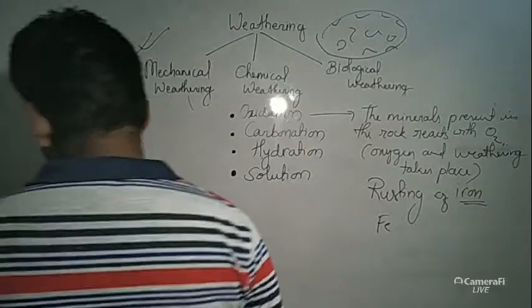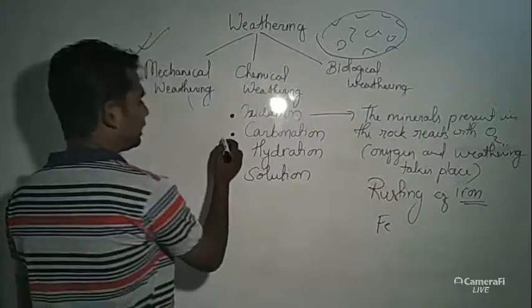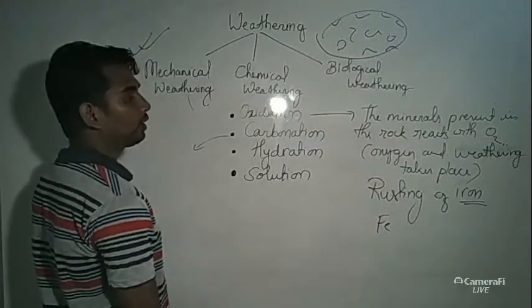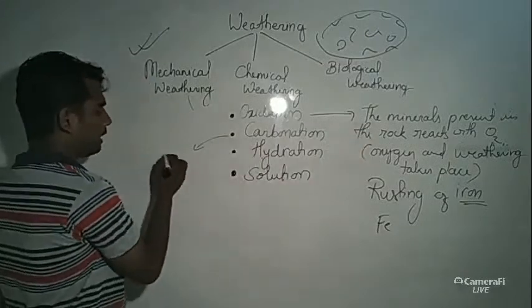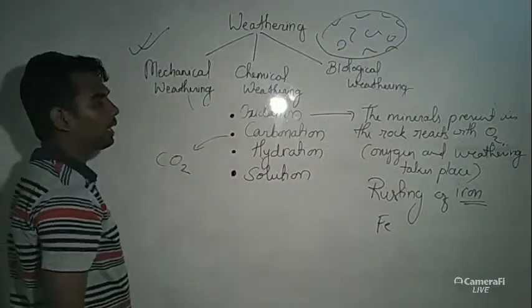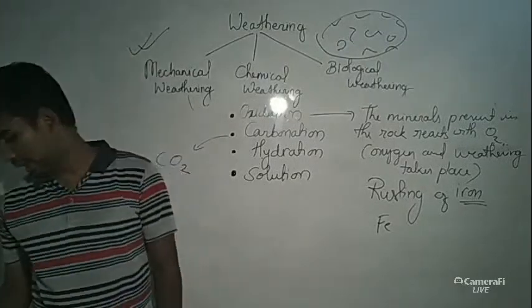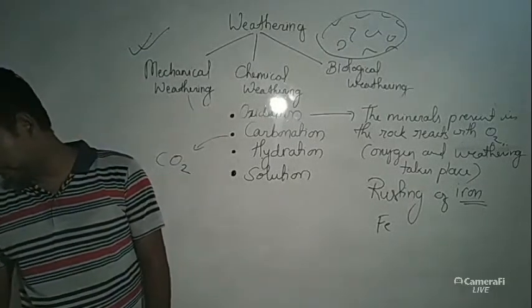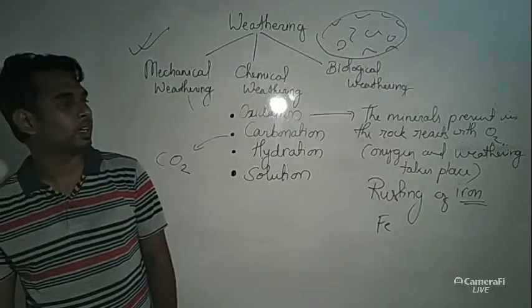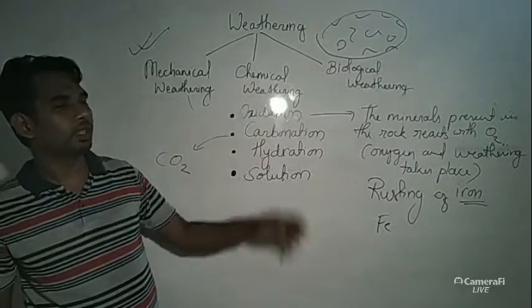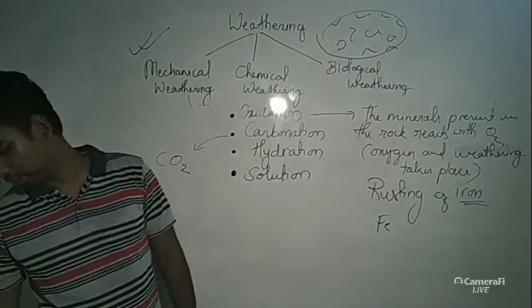Next comes carbonation. It is the same elements present in the minerals reacting, in place of oxygen, with carbon dioxide present in the atmosphere, and that starts weathering. That is what is known as carbonation.